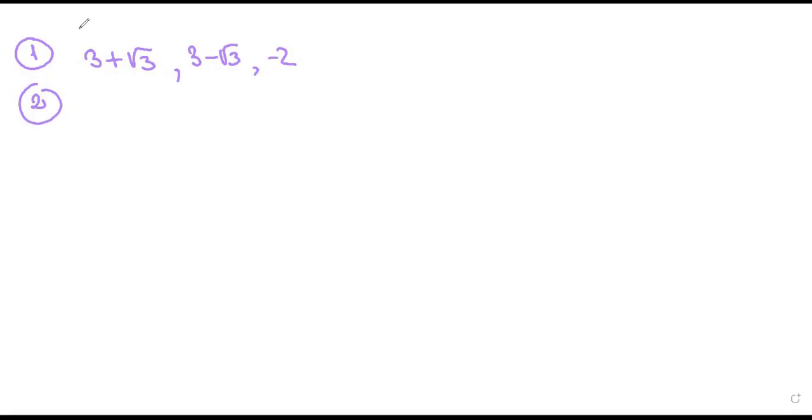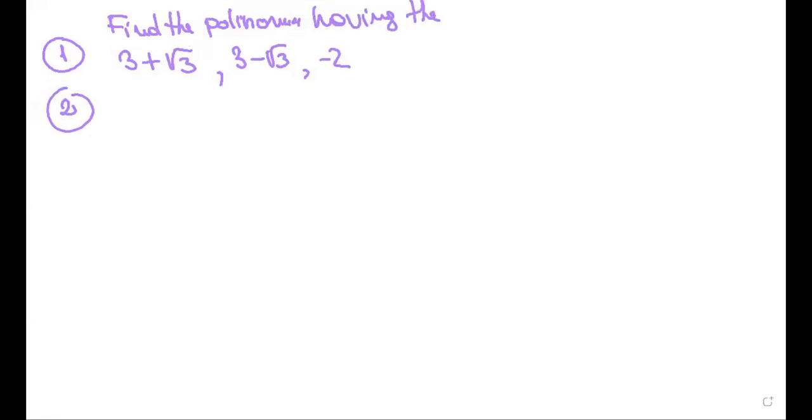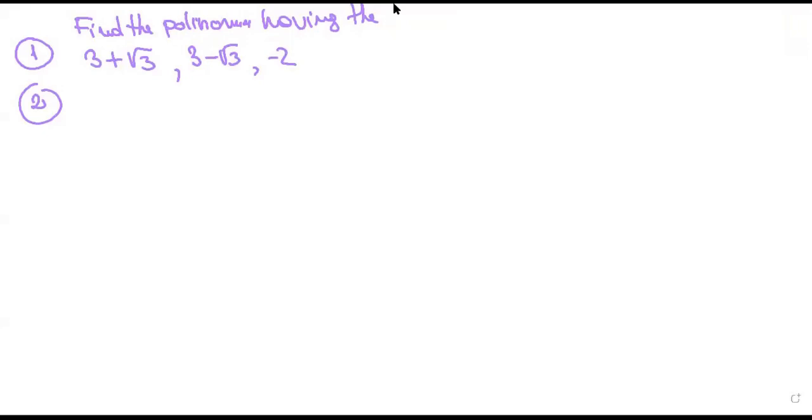Find the polynomial having the following roots: minus 1 plus square root of 2, minus 1 minus square root of 2, plus 1. 3.